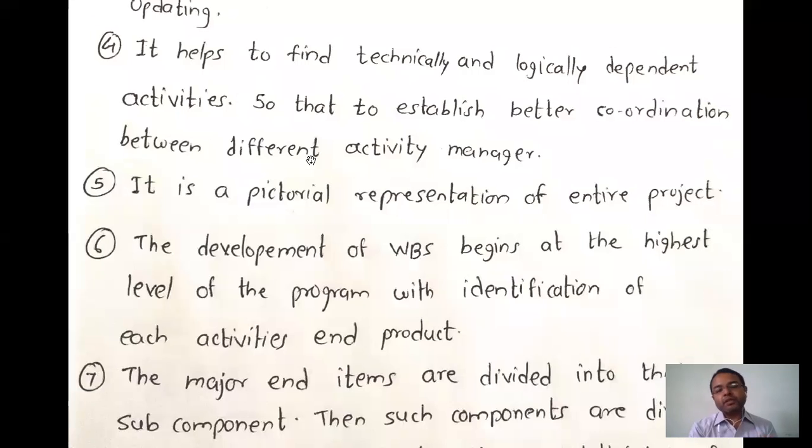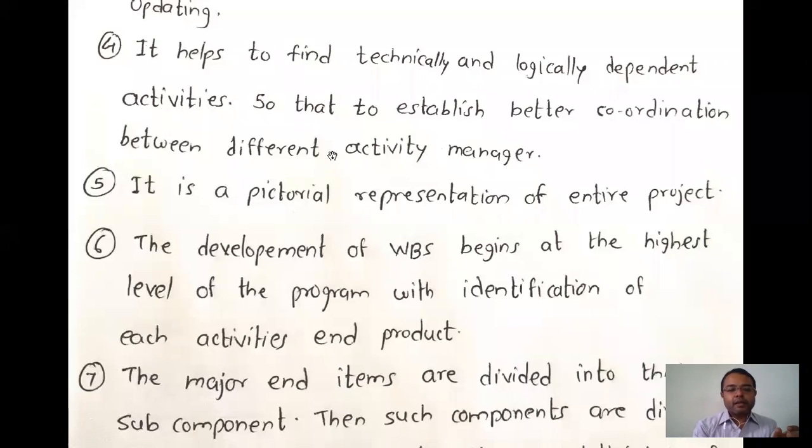Suppose I take the example of plumbing and electrification. At any site, most of the time plumbing and electrification go on simultaneously. The activity manager of plumbing and the activity manager of electrification should coordinate properly between themselves.